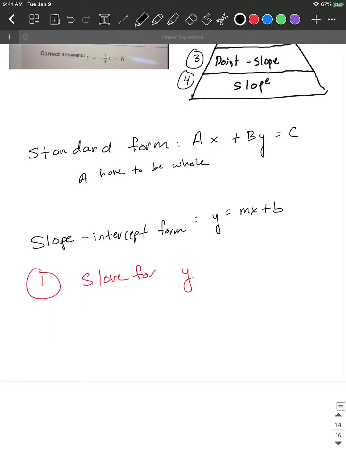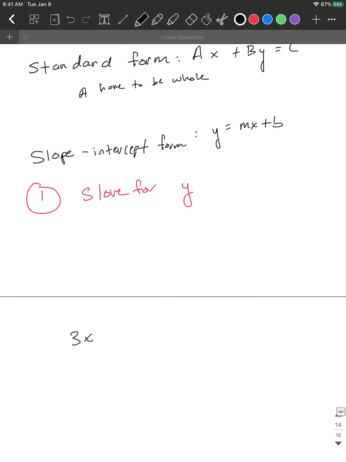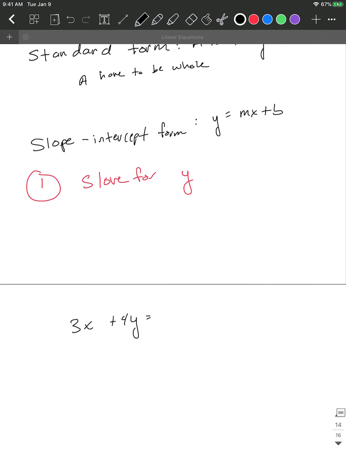So we have 3x plus 4y is equal to negative 24. In order to solve this, remember we're solving for y, so we have to isolate y by itself. I'm going to subtract 3x from both sides. Now, most students' first instinct is to cancel this.